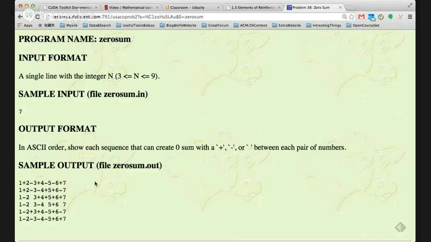And of course, the result is also carried to the next level. The tree starts from 1, and 1 selects its operation, plus, minus, or space, and turns to 2. 2 also needs to select and combine. After n steps, of course, you get the zero sum and you print it out.